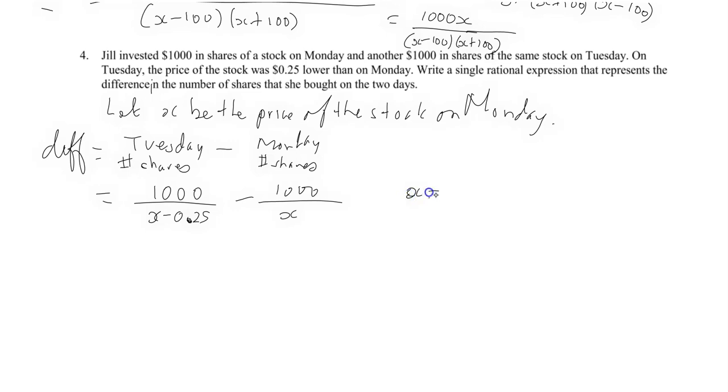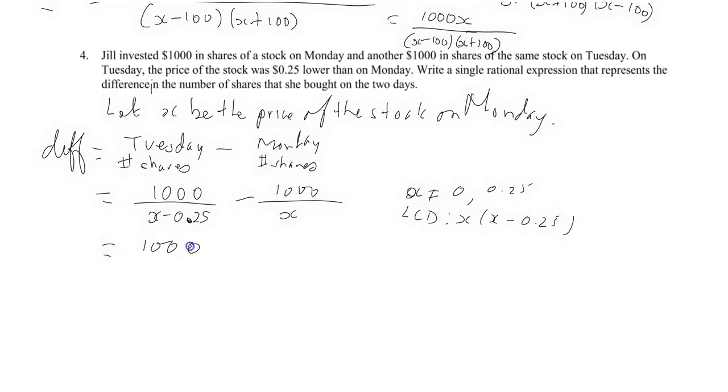So first off, x cannot be 0 or 0.25. That's just kind of intuitive. You can't buy stuff that costs nothing. And you can't have a negative price, or if the price here was less than 0.25, this would end up being negative, and that just doesn't happen. So our LCD is x times x minus 0.25. Okay, we're not solving this.